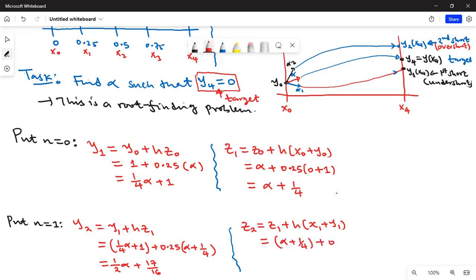Our h is 0.25. x1 was 0.25. y1 is 1 over 4 alpha plus 1. That's what we have. Let's simplify. This should give us z2 is equal to 17 over 16 alpha plus 9 over 16.